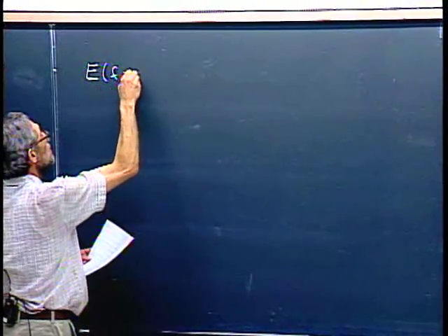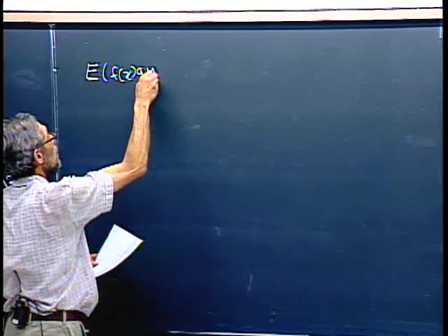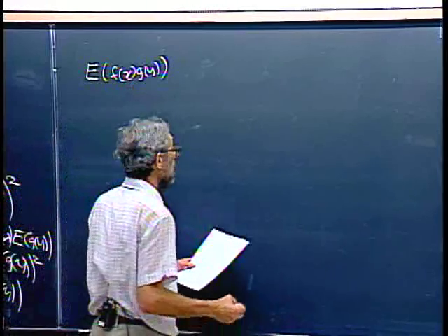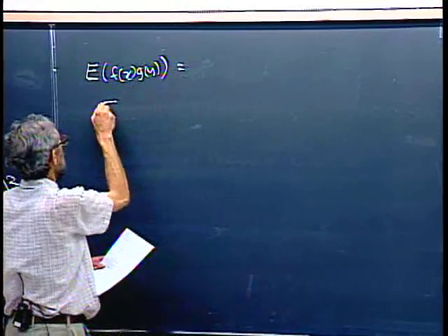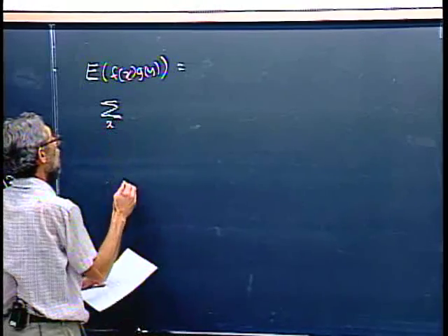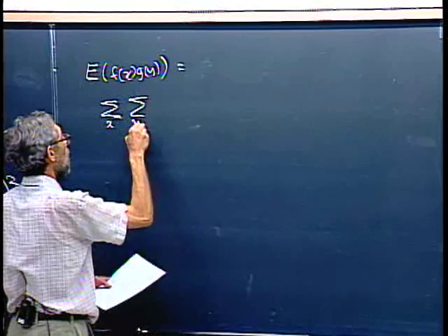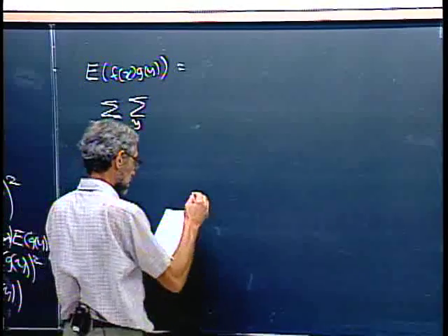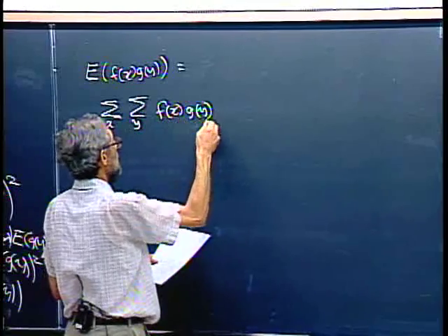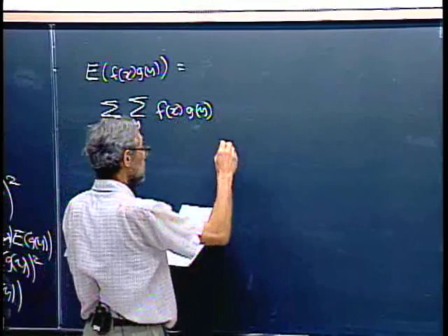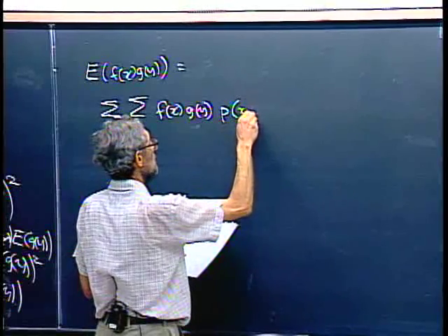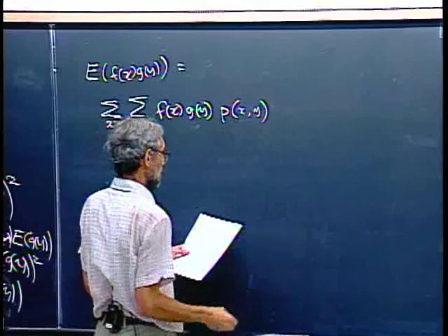So if I look at this expectation of the product, one way to write it is it's the double sum over all x and all y of f of x, g of y, times the probability of x and y.